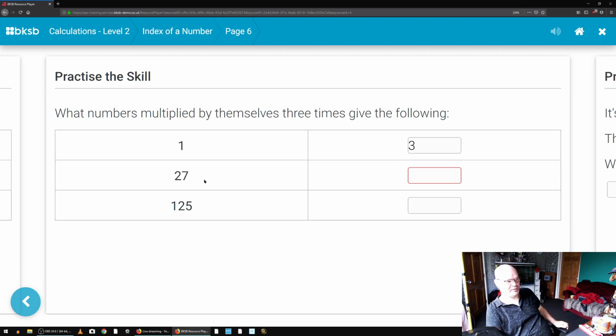No. 27's not 7 3 times. Oh, what's by itself? So I'd need to look that up on my tables again. So for 27, that's 3 times 9. But is there another 27 in there?